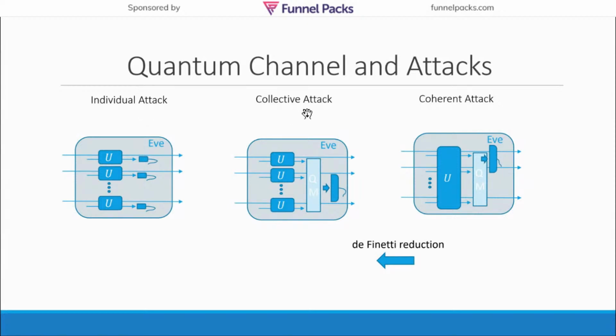Then there is the collective attack, where she basically gathers all the modes after interaction into a quantum memory. Quantum memory in general is very expensive, but here, because we want to be sure that we have taken everything into account in terms of security, we give this power to Eve. And then she measures all the modes collectively.